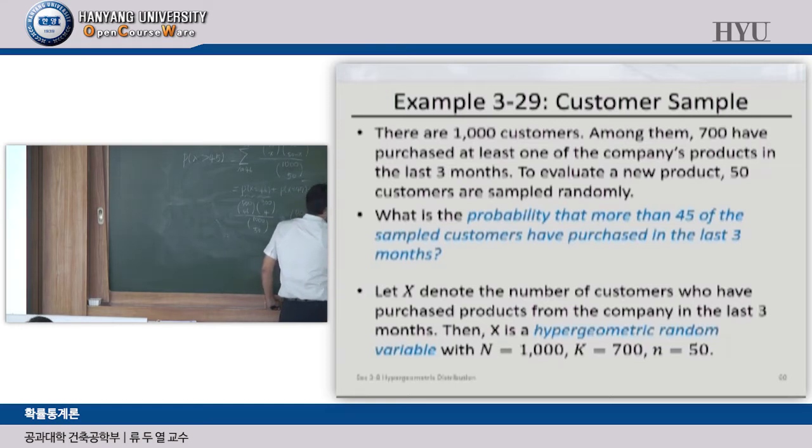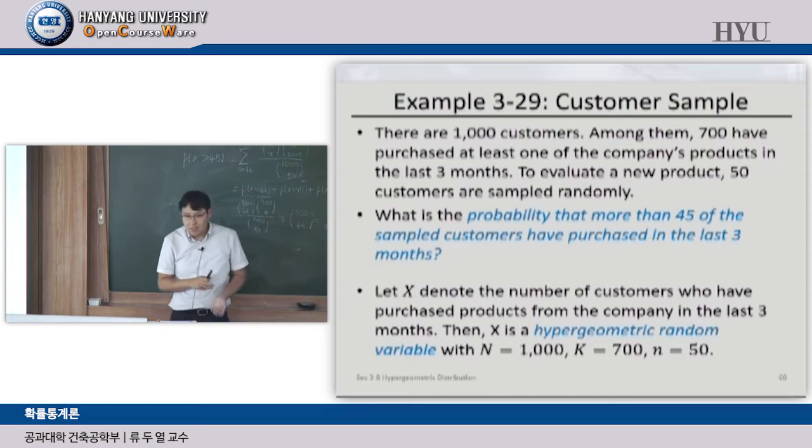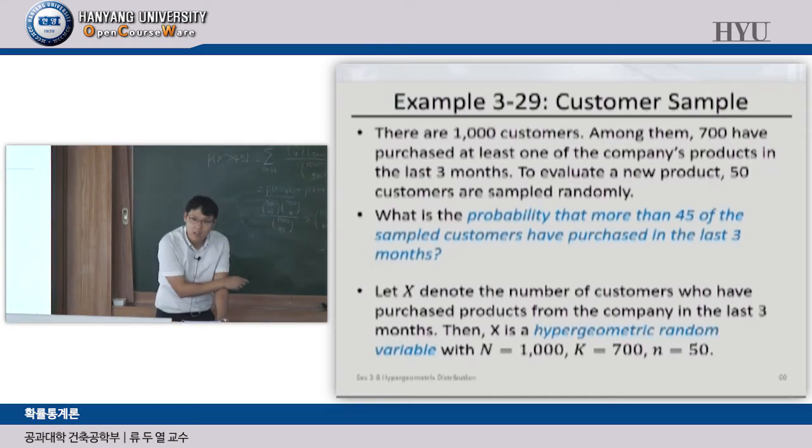There will be 700, 699, and so on down to 655, over 46, 45, down to 1, multiplied by 654 factorial. That is too much, right? It is very difficult to calculate this equation. So it is almost impossible to calculate this by hand.